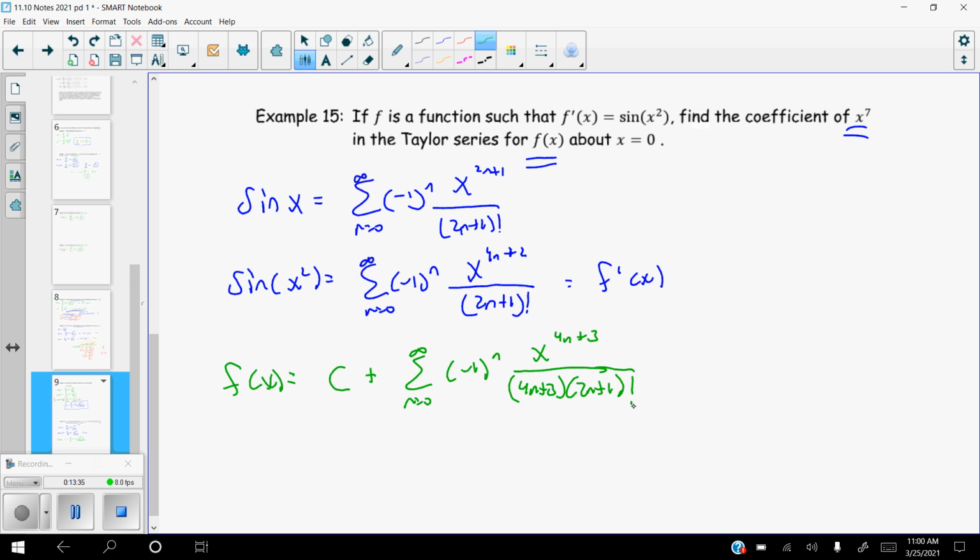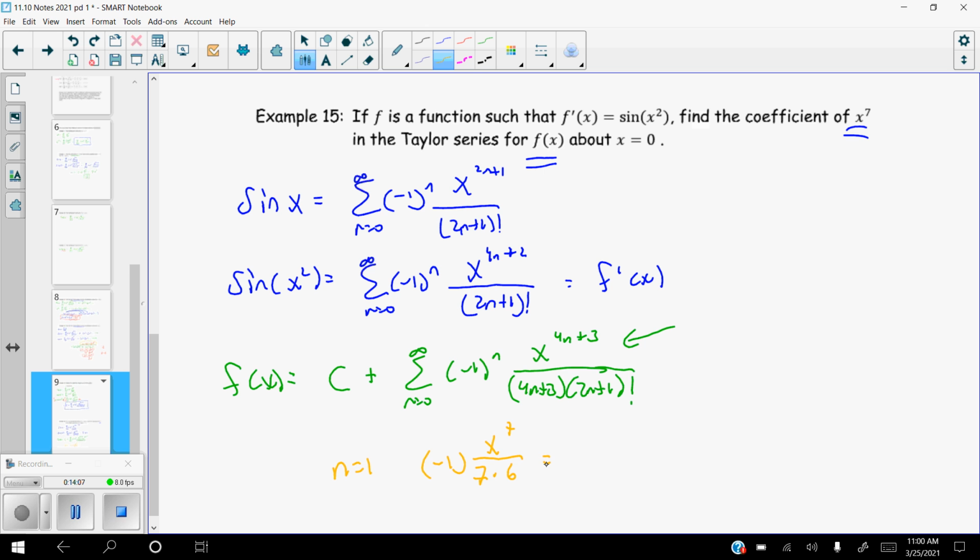In order to get this to be x to the 7th, I would have to plug in n equals 1. So for n equals 1, the coefficient is going to be defined by what I get when I plug 1 in for all my n. So it's going to be negative 1 to the first power, x to the 7th, over, let's see, plugging a 1 into the denominator is going to give me 7 times, it's going to be 2 plus 1, 3 factorial, which is 6.